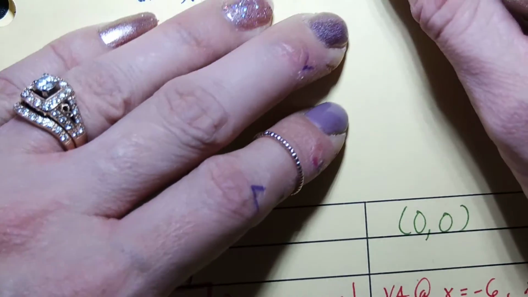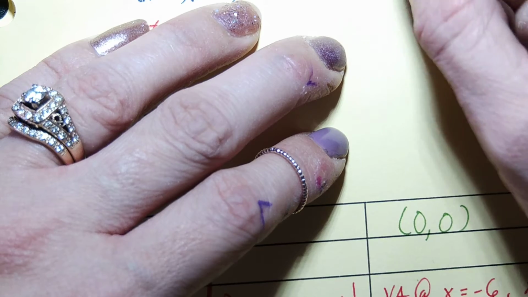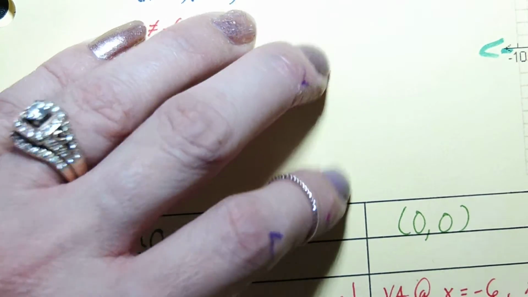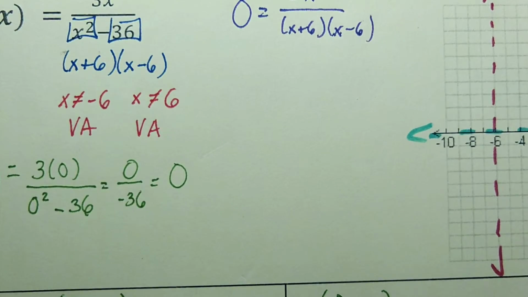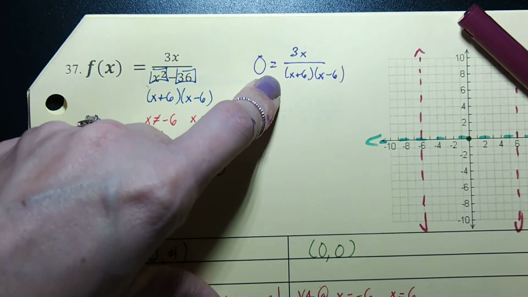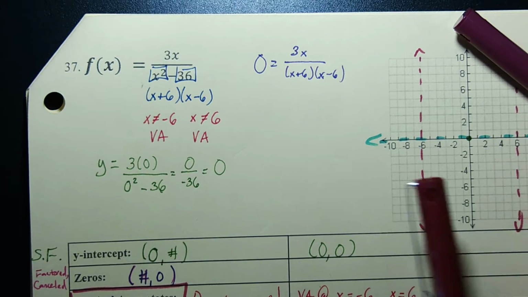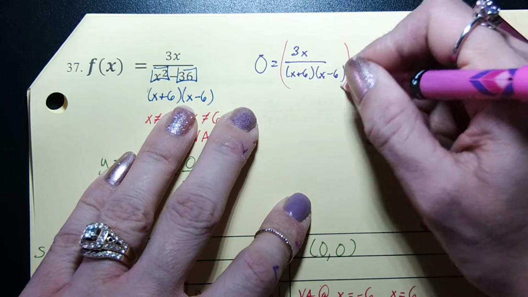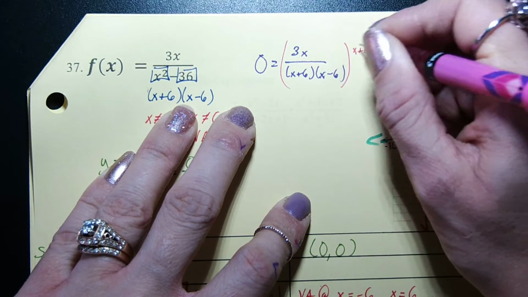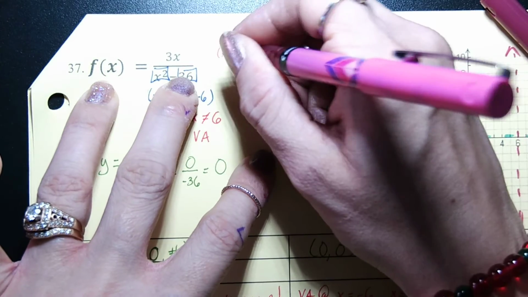We get 0 equals 3x over x plus 6 times x minus 6. Oops, you guys can't see that. How am I going to solve this equation for x? A fraction. How do we get rid of that fraction? You multiply. So we're going to multiply both sides by x plus 6 and x minus 6.